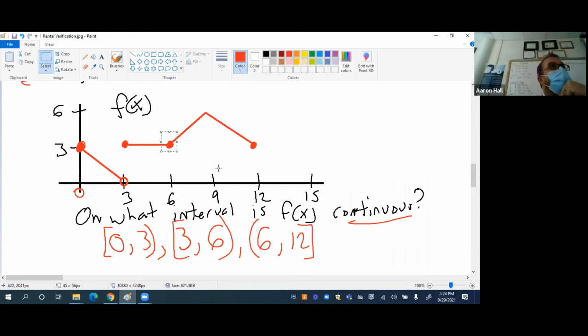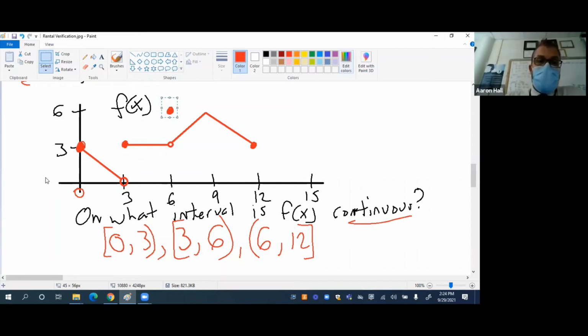Emerson, what do you think? Yeah, so if it's up here, I do have a value. Remember our rigorous definition of continuous.